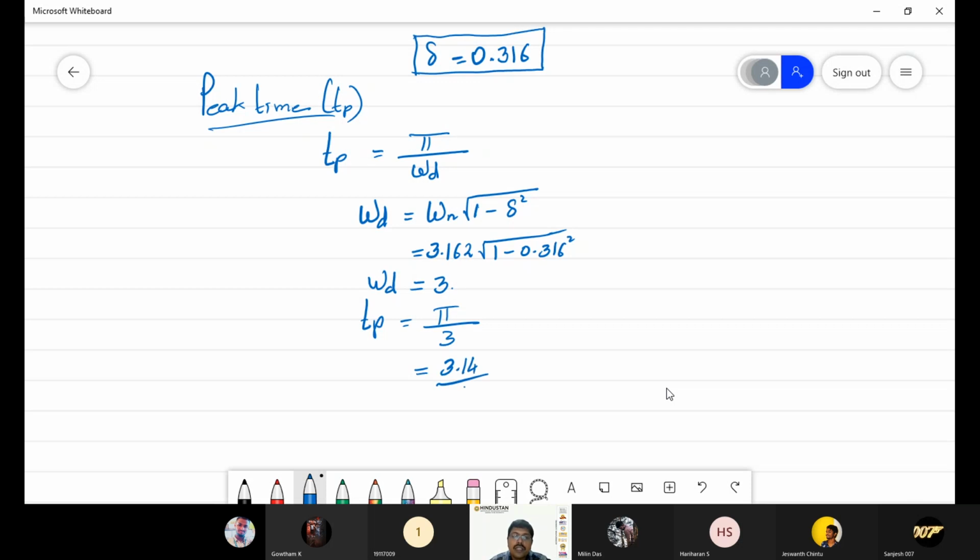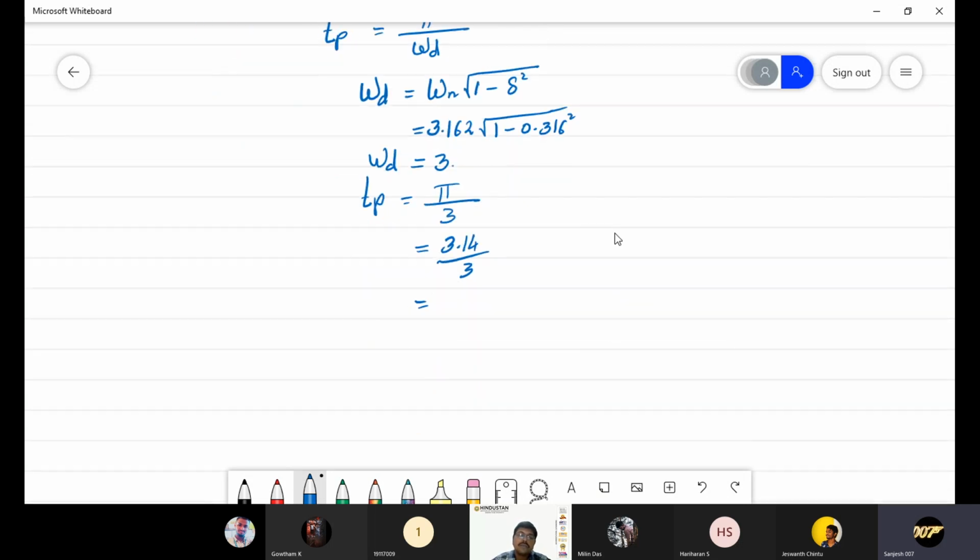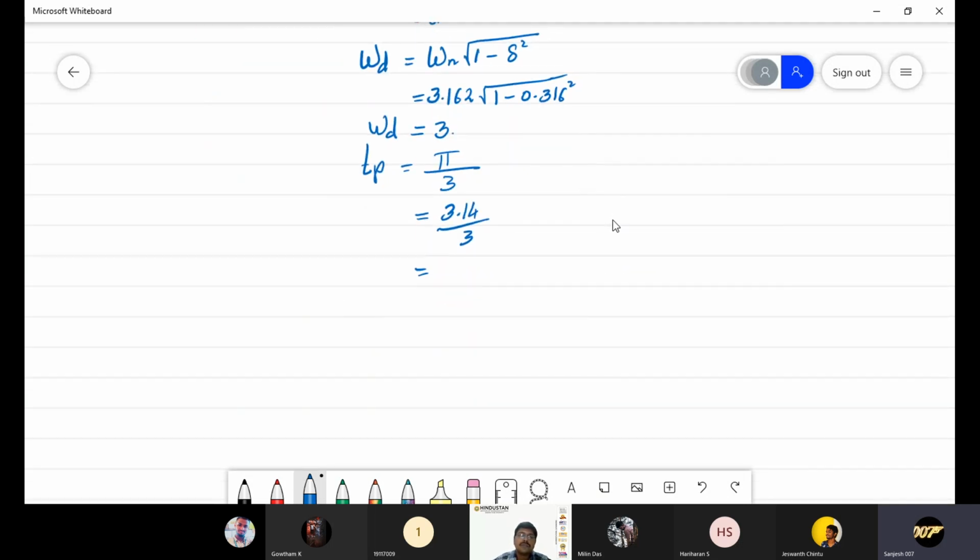The value of omega d is 3.0066 it is coming. You can round it and put it as 3. Approximately it will come as 3, no issues. Now you substitute here pi value 3.14 divided by 3, and we'll get the value of peak time.